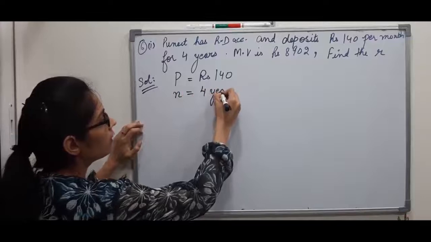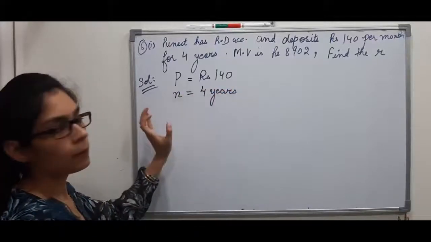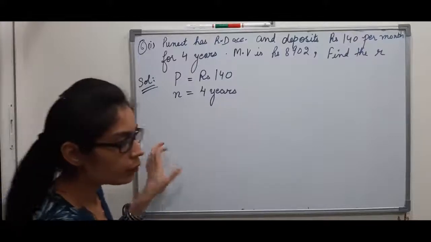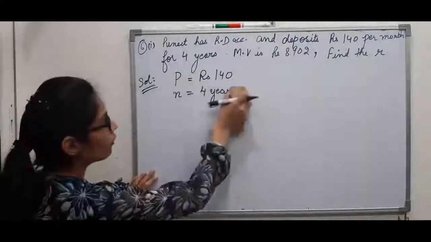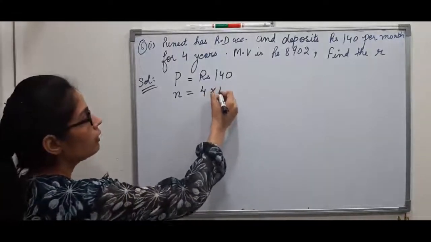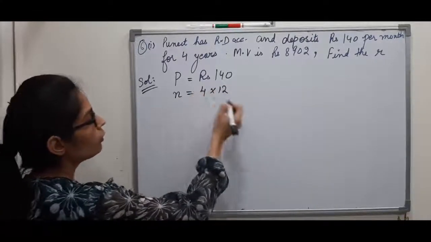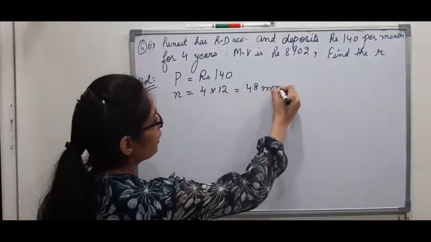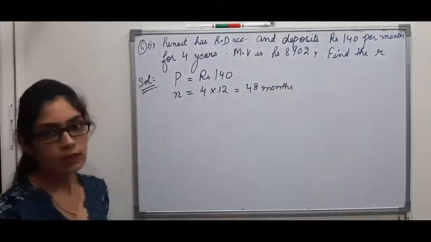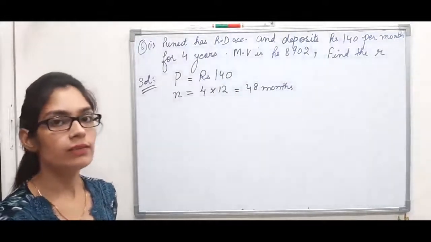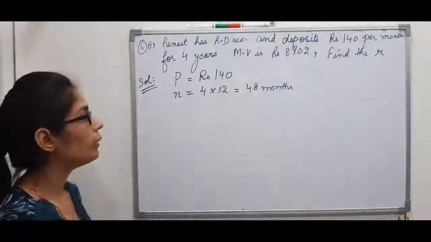But the thing is time should always be in months, but here it's given in years. So I have told you, if the time is given in years, multiply that number with 12. So 4 into 12 is 48, which means n is 48 months. Just don't forget to convert years. Every time if the n is given in years, just multiply that number with 12.